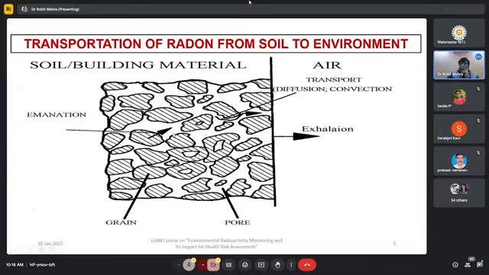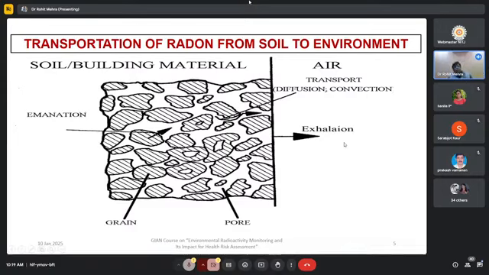Emanation occurs when the radon from the grain spaces or the pore spaces comes out, and once at the interface it enters the environment, either by diffusion or convection, and it enters the air in the dwellings or houses, either from the building material or from the soil. We call it exhalation.